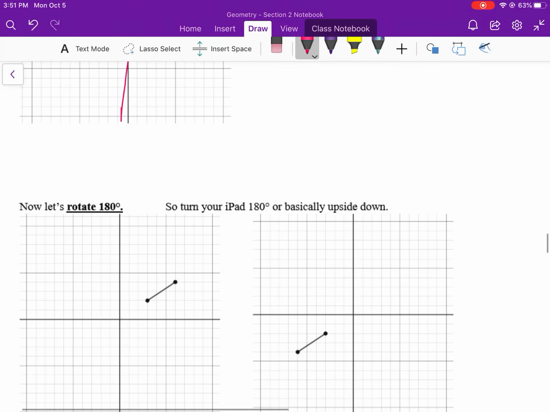All right, let's rotate 180. So basically that makes your iPad go upside down. If I go ka-chunk, ka-chunk as I'm turning it, because it's rectangular, it doesn't roll smoothly. So now this point, which was 3, 2, and this point, which was 6, 4, now notice this point here is -3, -2, and this point is -6, -4.